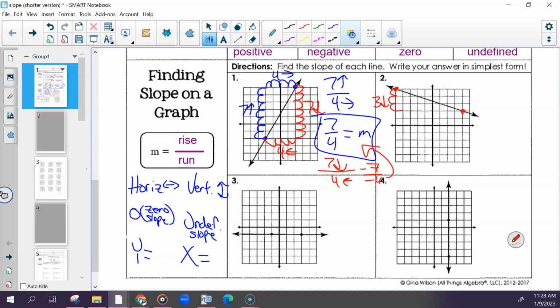And then from here over to the point, how far did we go over? 9. Okay. So that would give us positive 3 over negative 9, which would simplify to be what? Negative 1/3.